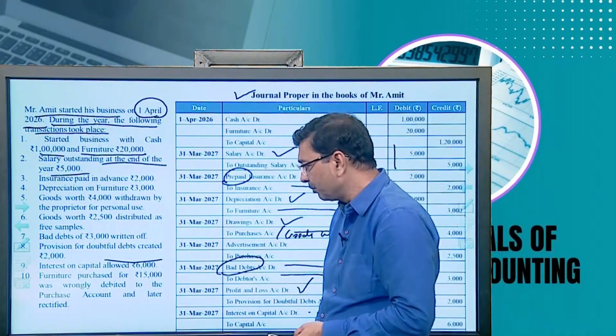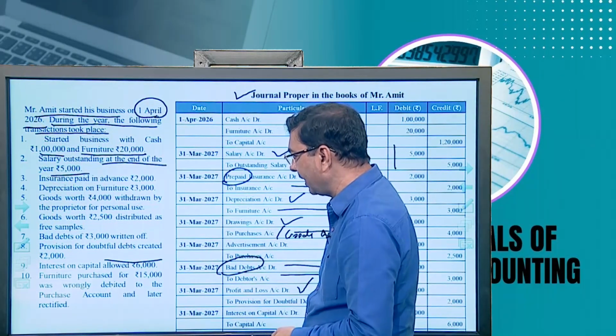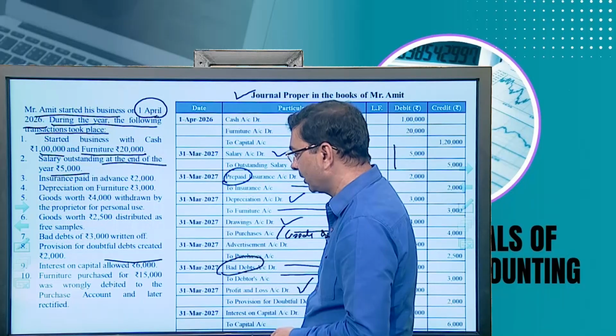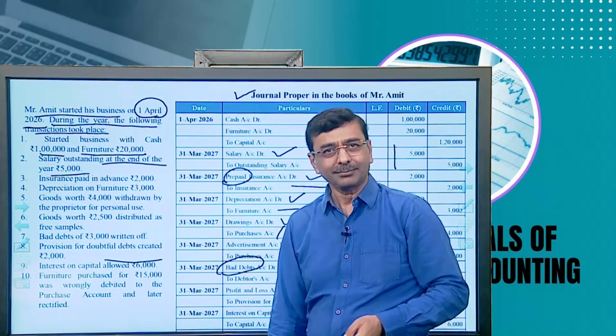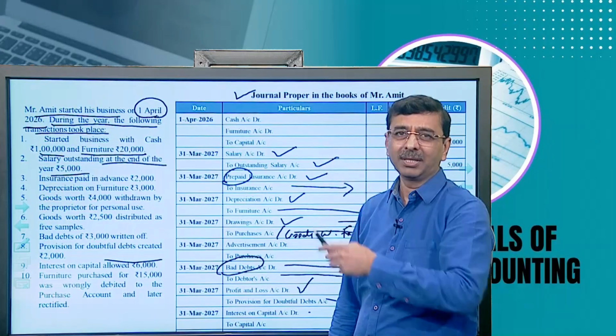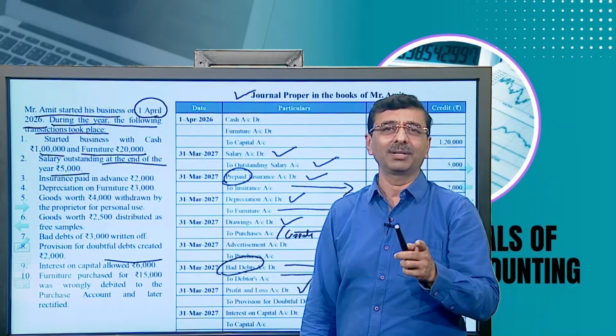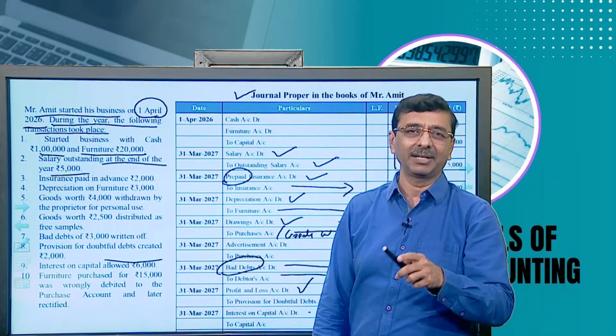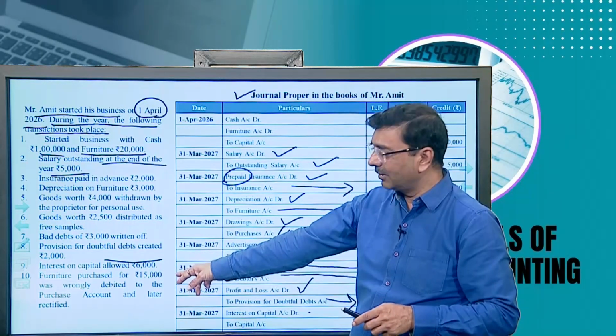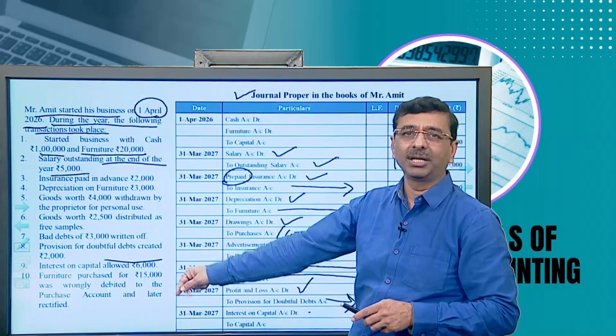The last is furniture purchase for 15,000 wrongly debited to the purchase account and later rectified. See, in previous slides we tried to understand wrongly recorded transactions. We have to rectify them, errors and rectifications. Here the transaction was wrongly recorded in the books.